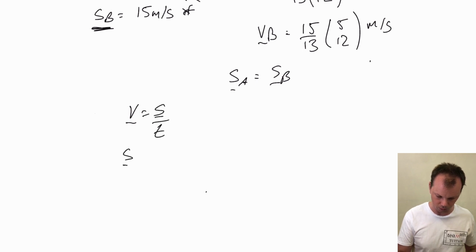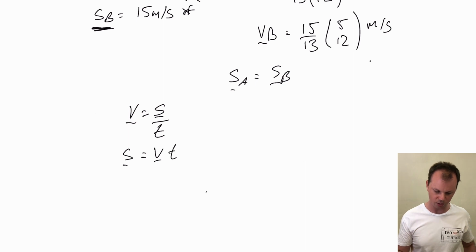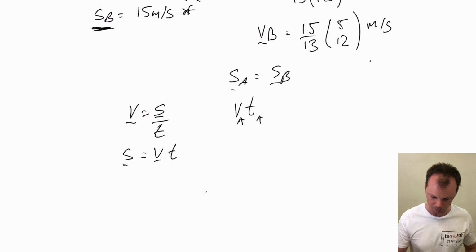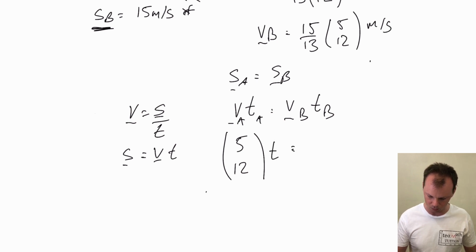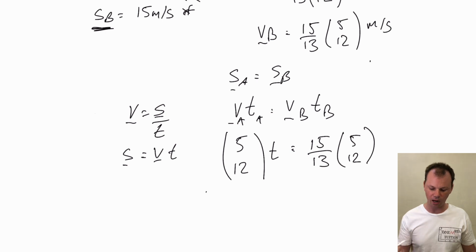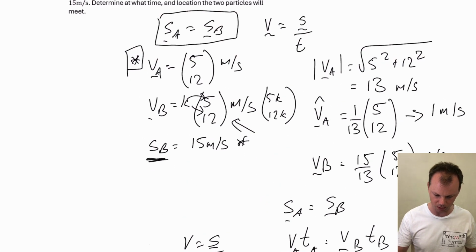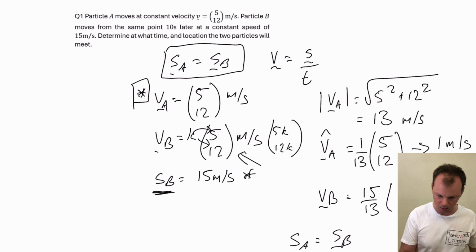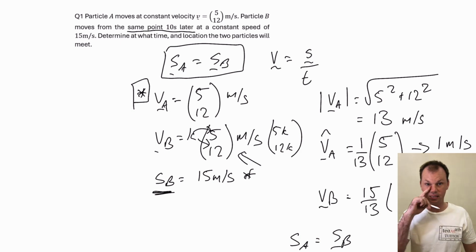We know this equation holds true, so we've got the velocity times the time of A equals the velocity of B times the time of B. Velocity of A is just 5i + 12j times the time equals, so that's the velocity of B. Now the time that B travels, if we go back up to our question, it leaves the same point 10 seconds later.